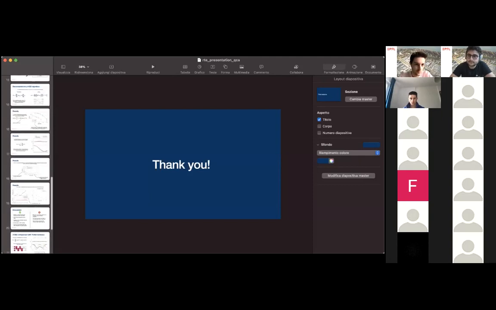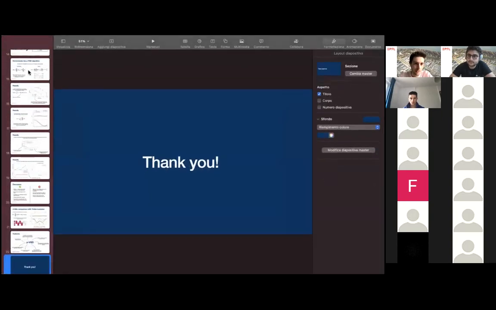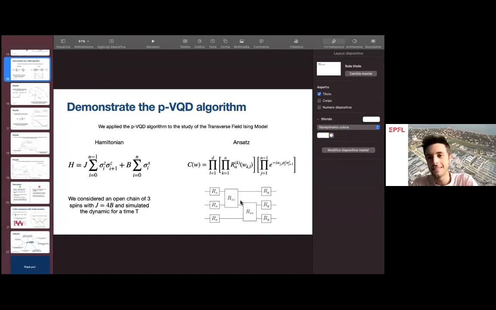Okay, so here, this is basically what a Trotter step looks like, but we have the freedom of choosing the gate that we want. So here I used Rx and Ry alternatively, and this gave good results, so I kept it.